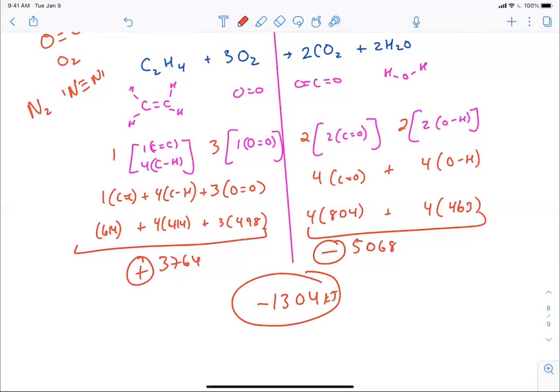Some people will say reactants minus products. That's fine. If you don't want to change the sign of the value and just do reactants minus products, that's fine. But if you want to think about it in actual endothermic and exothermic terms, the right side is negative, the left side is positive, and you add them together.